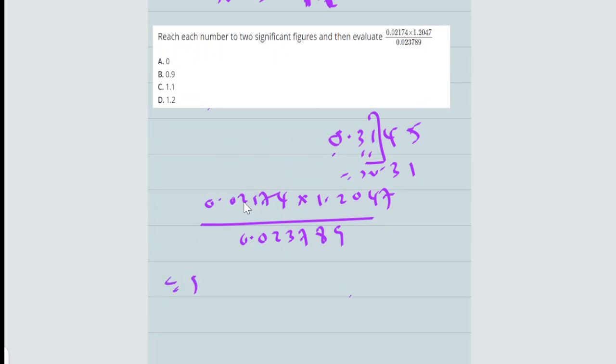You stop at 0.021 because you won't count the first two digits, since they are non-significant. You start from 2, so 2, 1. Before you stop here, you must check the number immediately after it, whether it's going to be rounded up or down.